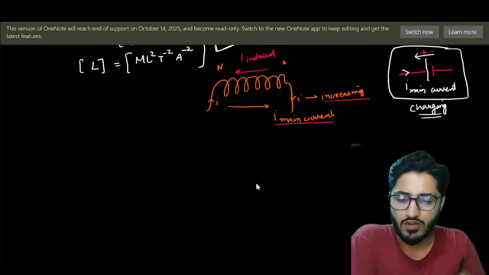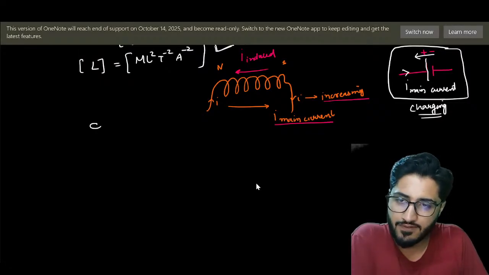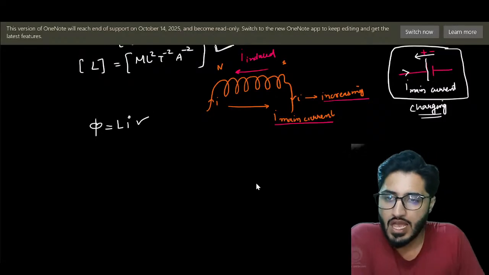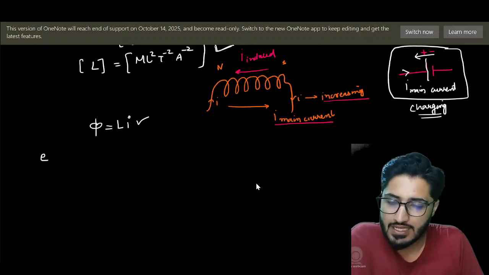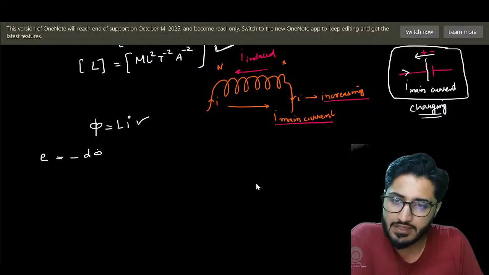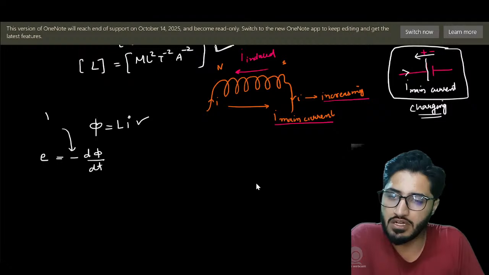What do we know? We know, sir, flux phi is equal to L into I. We know this now. And what is E? Sir, E, the induced EMF, will be the opposite of d phi by dt. Phi is simply increasing, it is basically Lenz's law.